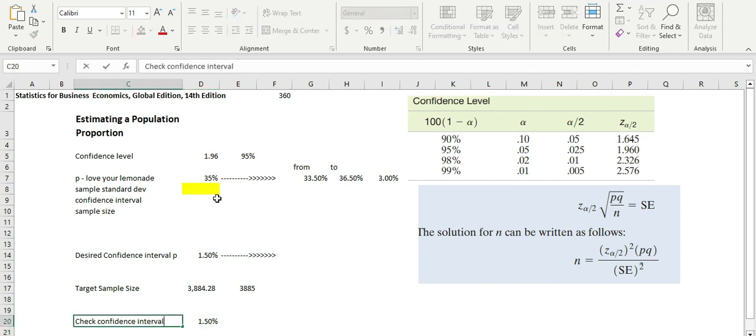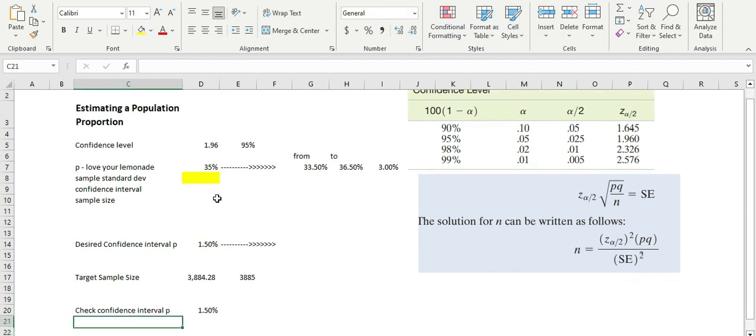So you will say to me, it's too many. I need to collect a lot of samples, 3,885. It's a little bit costly. So you can change this one to 12%.